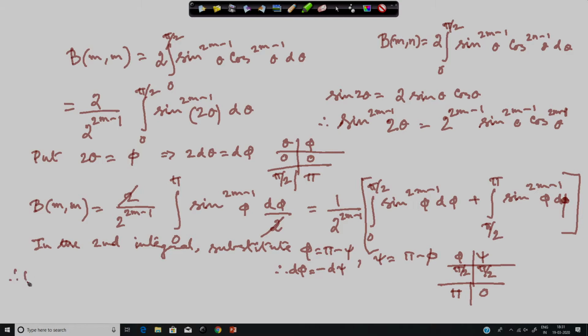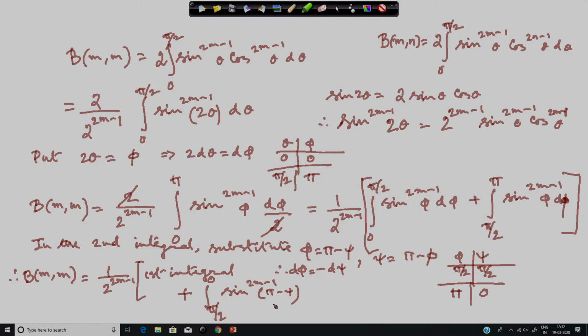Therefore, beta is 1 by 2^(2m-1) times the first integral plus, for the second, it becomes π/2 to 0 of sin^(2m-1) of φ, where φ is π minus ψ and dφ is minus dψ.